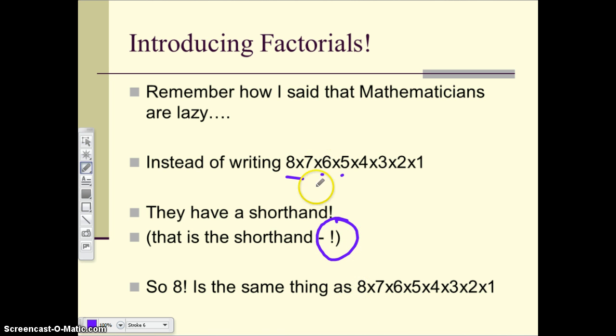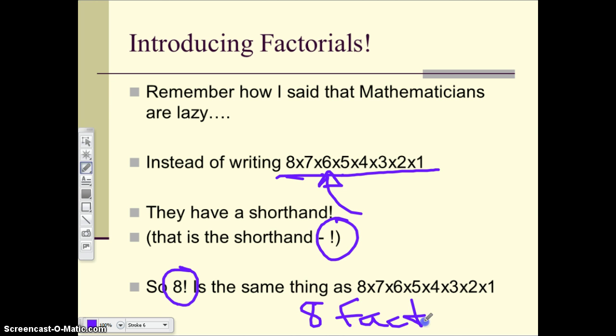Exclamation mark means this: multiply that first number ahead of the exclamation mark by every consecutive number lower than it until you get to 1. So instead of writing out 8 times 7 times 6 times 5 times 4 times 3 times 2 times 1, they just wrote 8 exclamation mark, which is 8 factorial.